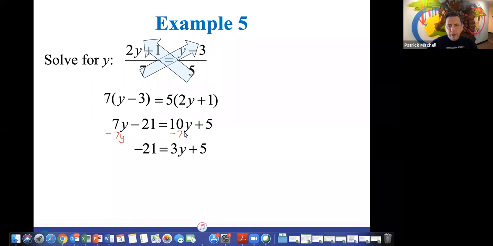Okay. So the 7y's are going to disappear on this side, and that's going to leave me with negative 21 equals 3y plus 5. Now, since I put the variable terms on the right side, I have to put the constant terms on the left side. So now I'm going to go minus 5, minus 5.